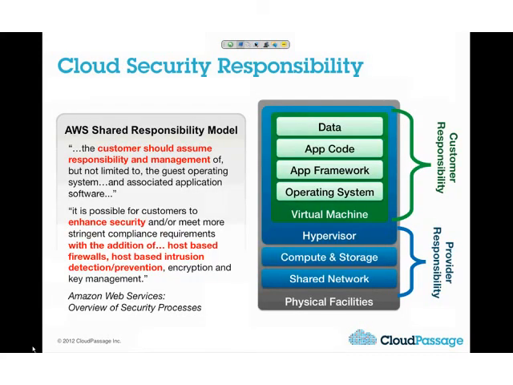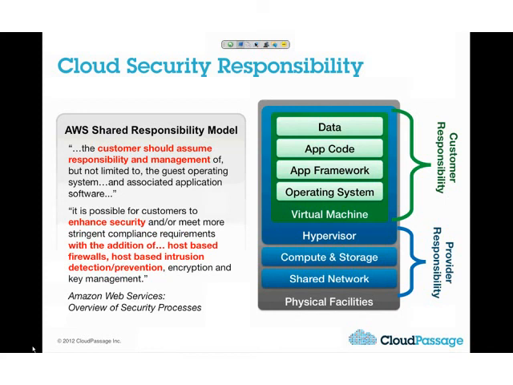So I mentioned responsibility, and I mentioned what the providers will say specifically about whose responsibility it is to secure servers in the cloud. This is a passage taken directly from Amazon's overview of their security practices and their specific statements. They are very clear, and every other provider is very, very clear, that they take responsibility for the physical facilities, the network and storage, and the hypervisor your servers are running in.